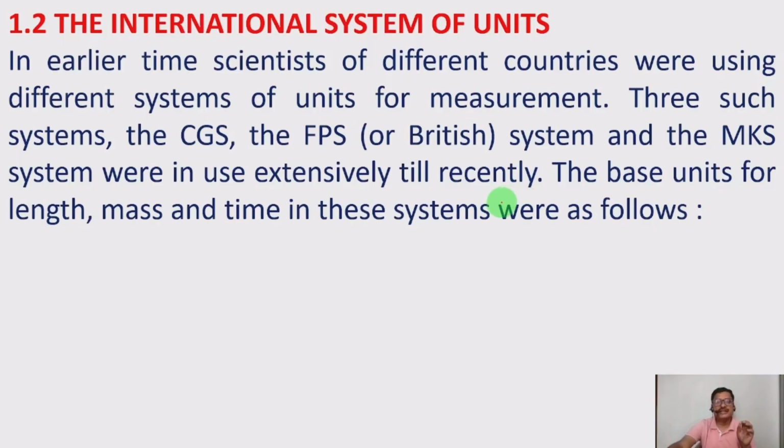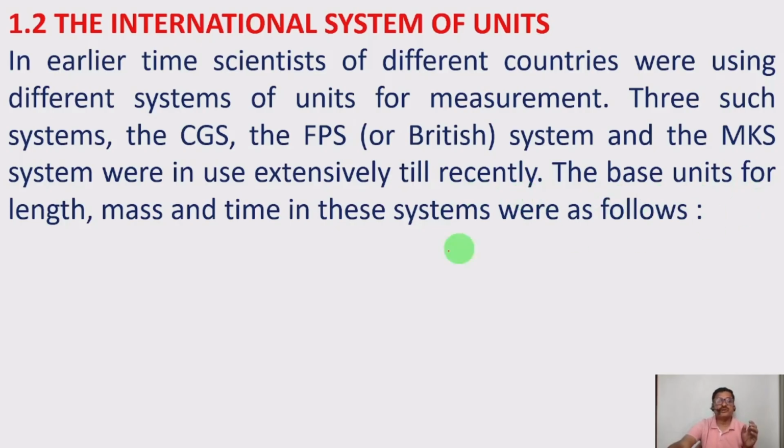There are three such systems: one is CGS, the second is FPS, which is also called the British system, and the third is MKS. The MKS system was used extensively till recently, that was used in practice.